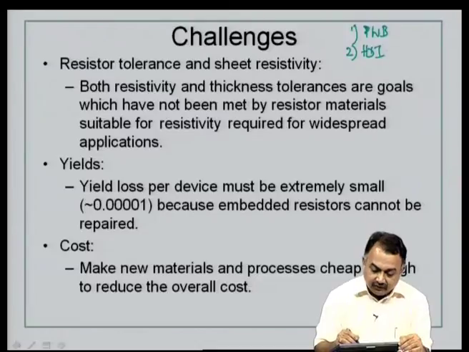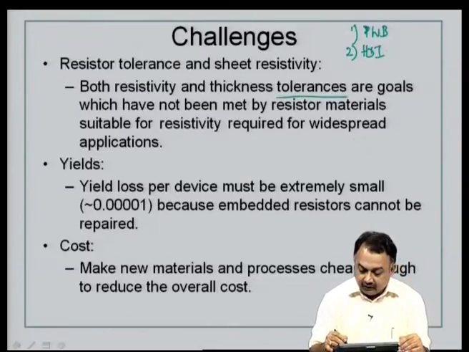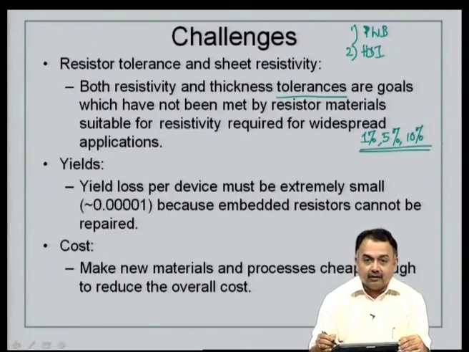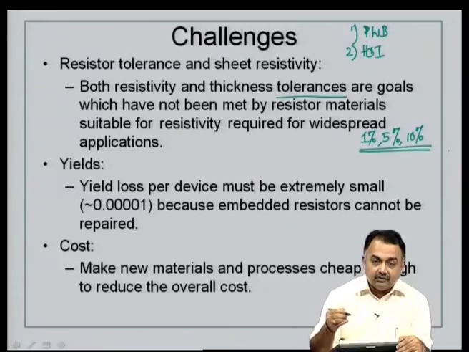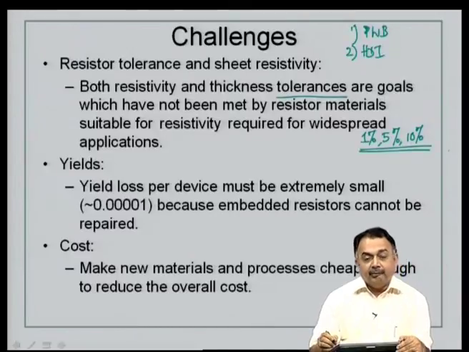So, when we say tolerances in terms of resistances, can you fabricate a material with 1% tolerance or 5% tolerance or 10% tolerance that is acceptable in your product is the key question before a designer. And this has to be translated into discussions with the manufacturer who can manufacture embedded resistors.